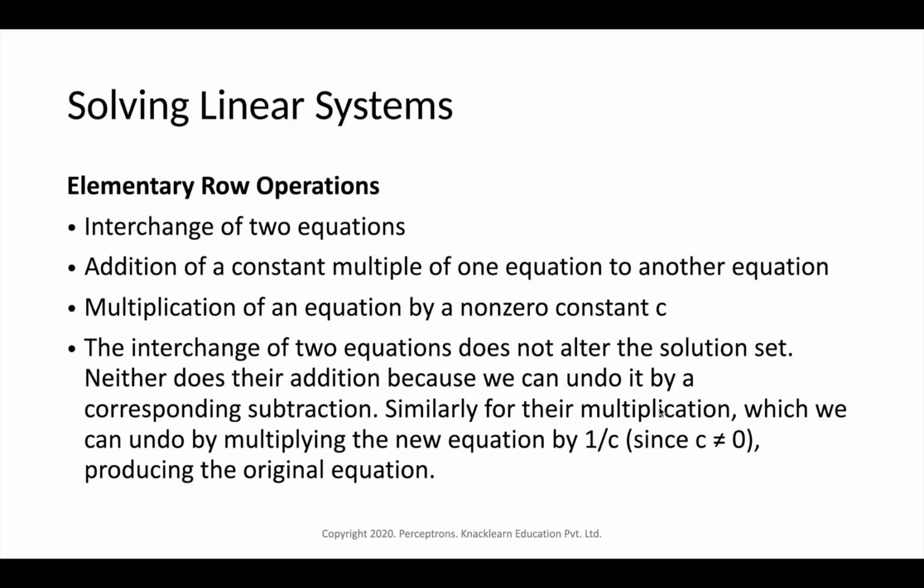Suppose I multiply an equation by 3, I can divide the equation by 3, that is, multiply again by 1 by 3. So I can undo the multiplication to produce the original equation. That is why all these steps can be undone. We can perform these specific operations, which we call elementary row operations, on top of any augmented matrix.